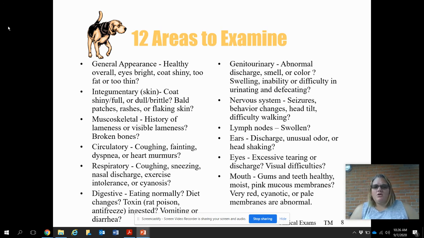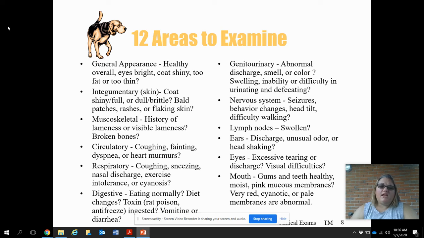When you're listening for that lub-dub, lub-dub, lub-dub, that's normal heart sounds. If you have a heart murmur, you would hear a lub-whoosh-dub, lub-whoosh-dub, lub-whoosh-dub. That's the backflow of the blood running through the heart, and it may be a valve that isn't closing correctly and letting some blood flow back through.